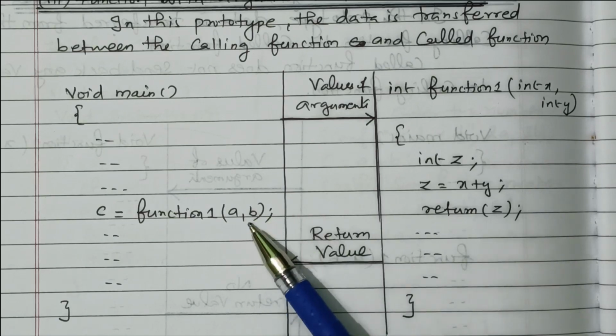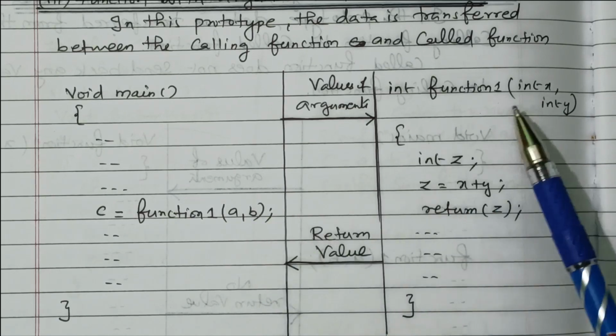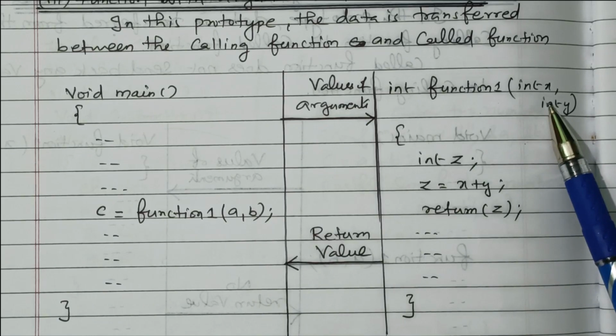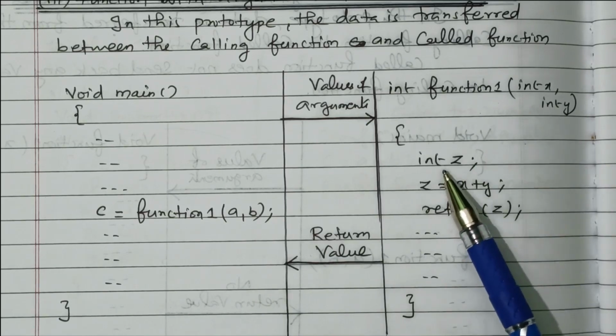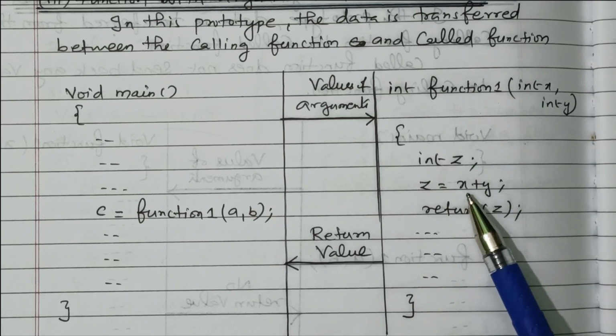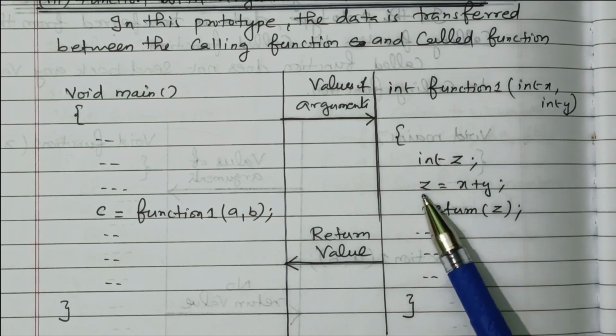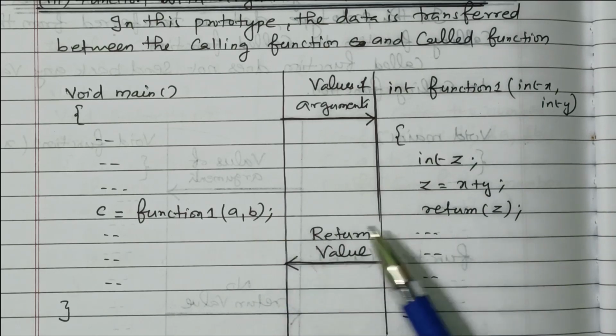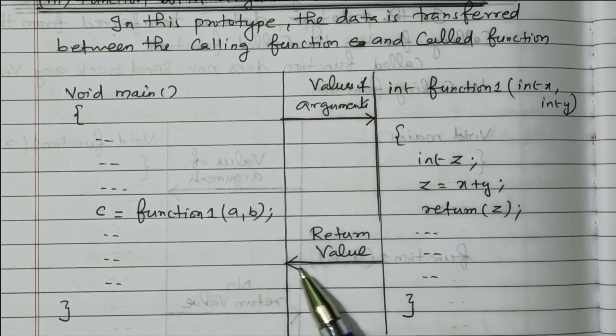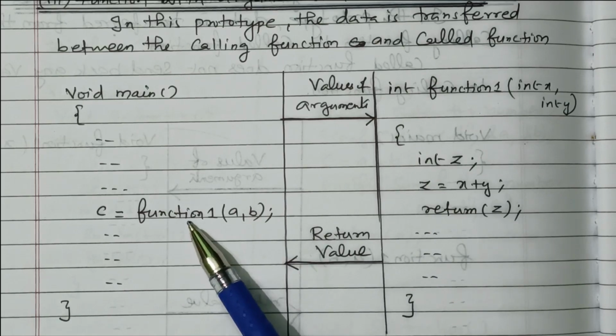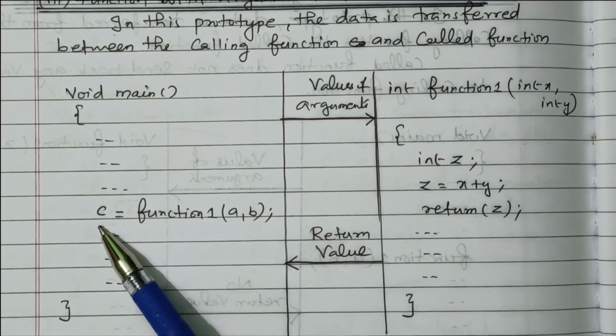A and B are called actual parameters, and x and y are formal parameters, right? Here we can declare one more variable z. If it is addition, both are added and stored in z, and we return the z value. The added value will be returned. Return z means the control will transfer back to the calling function, and the return value will be stored in C, right?